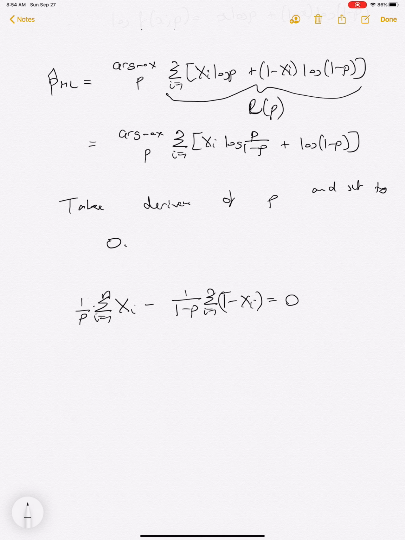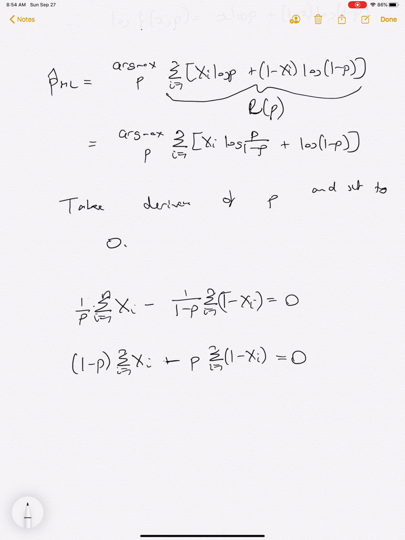And then when you multiply through by p times (1 minus p), you're just going to get (1 minus p) times the summation i equals 1 to n of xi.